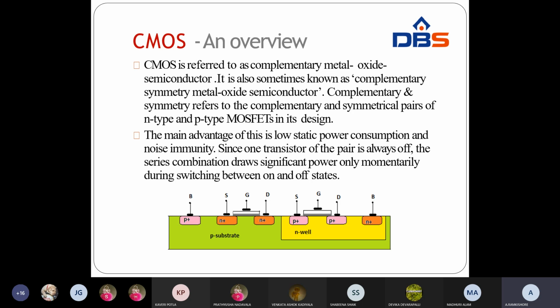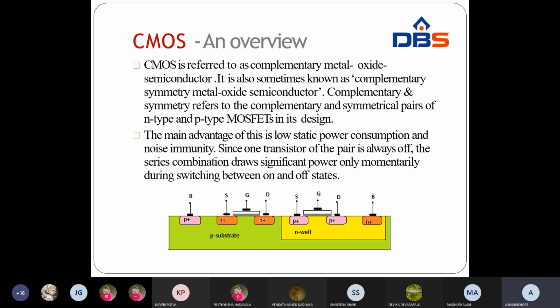CMOS inverter, and how, by using the CMOS technology, we implement different configurations or different digital operation circuits. So already we discussed whatever we have to discuss, so that same concept will be introduced here also, because we have to design some stick diagrams and layout diagrams in the coming next unit.